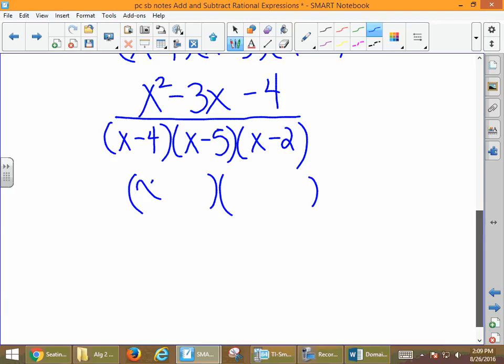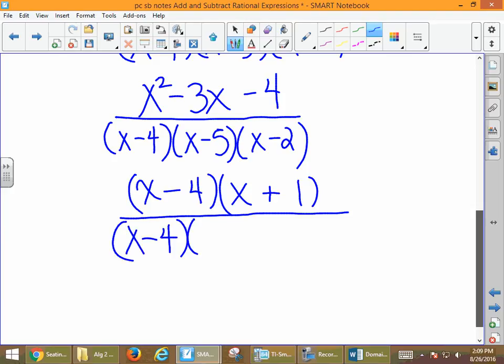So we've got x and x. Factors of 4: 4 and 1. Negative 4 plus 1. And then we ask ourselves, do we have anything exactly the same in the top and in the bottom?